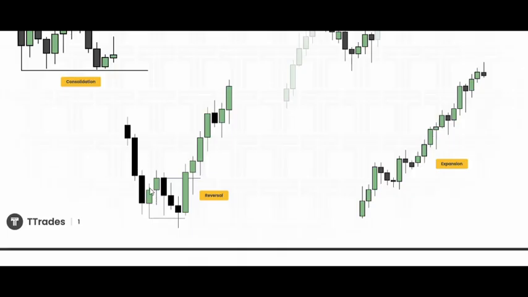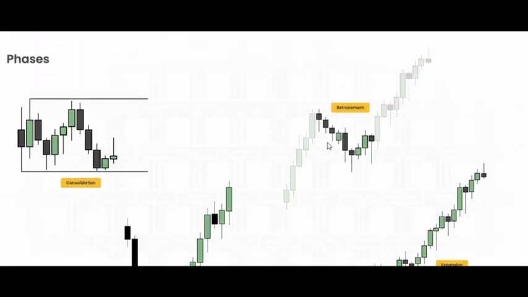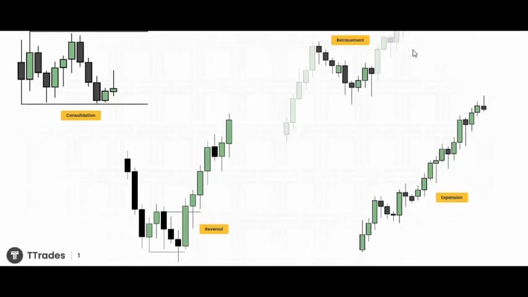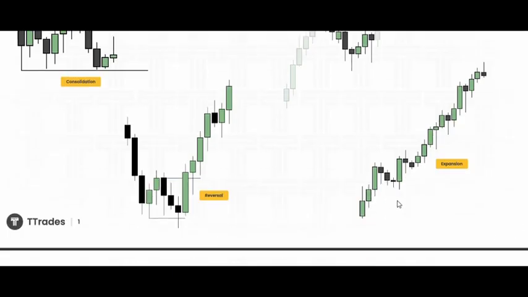Reversal is when price or the market takes a low or a high, and then changes state of delivery and moves in the opposite direction. And then we have retracement. Retracement is whereby there has been an expansion, but then the market is now accumulating orders again. So the market rests for a while and then it continues with the expansion. And this is how the expansion looks like. You see, it spans without retracing or any other consolidation.